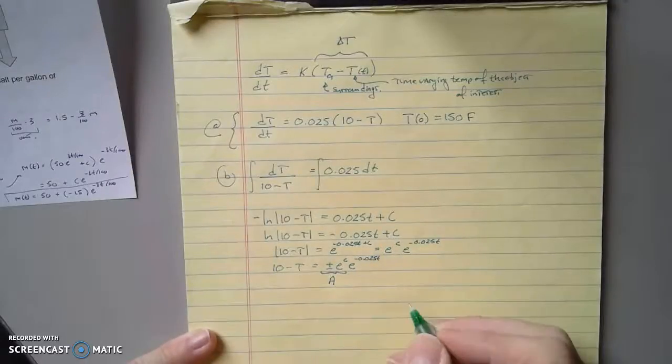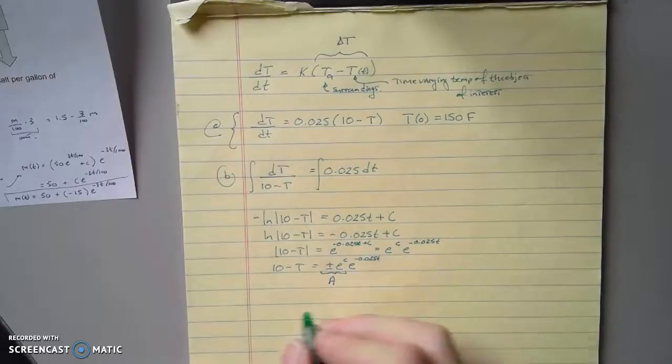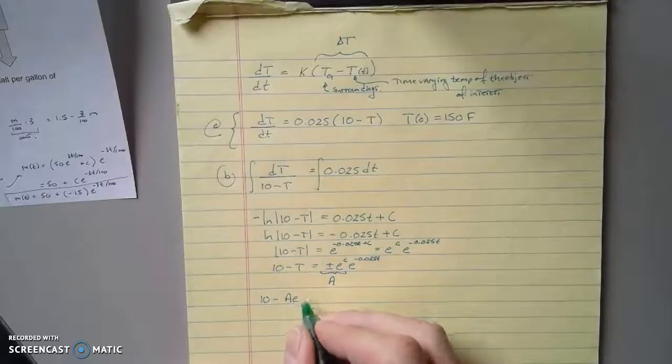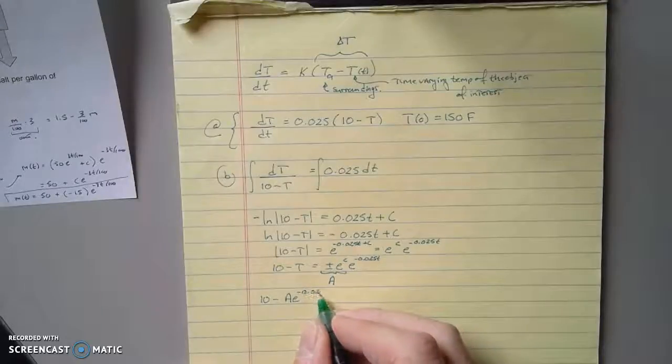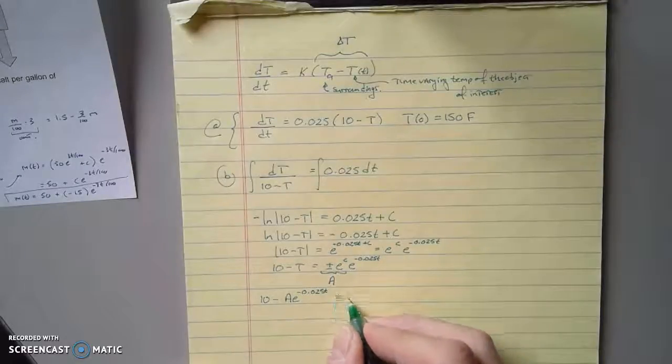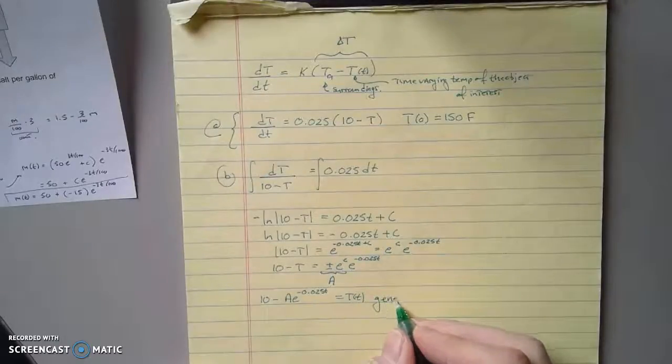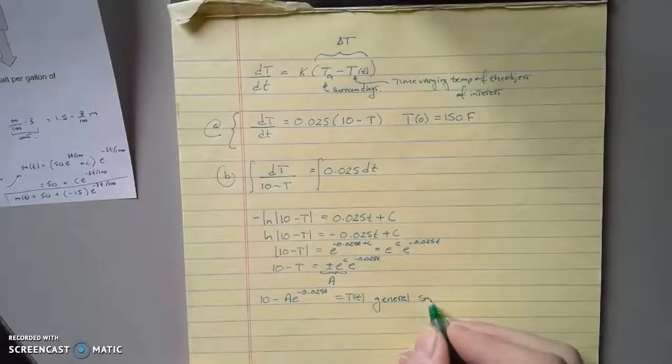This we'll call A. It's just a non-zero constant. Solving for T, we'll have T equals 10 minus A e to the minus stuff, equals our function. This is our general solution.